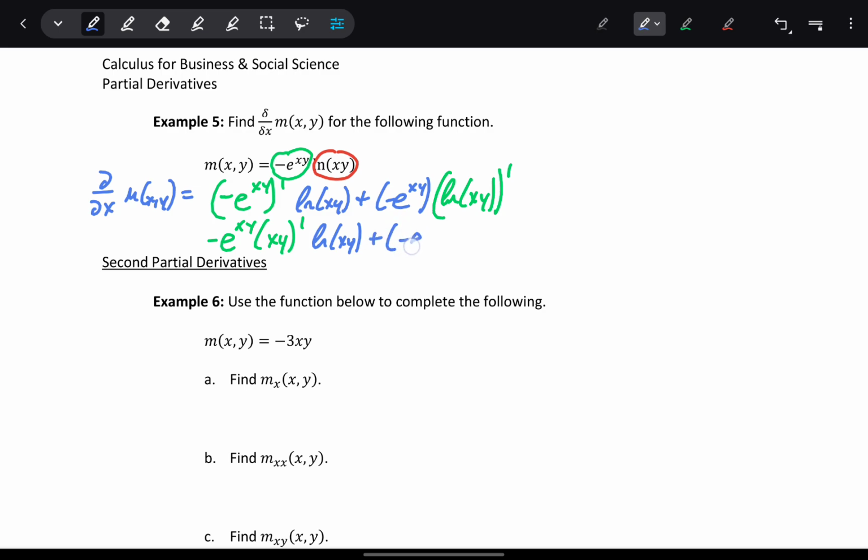So plus negative e^(xy) times the derivative of the natural log of xy differentiated with respect to x. So this will become 1 over xy times the derivative of xy.